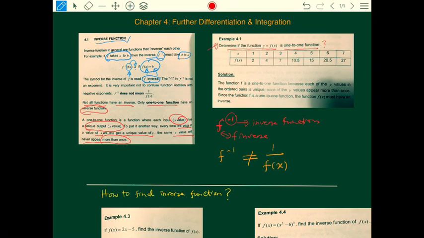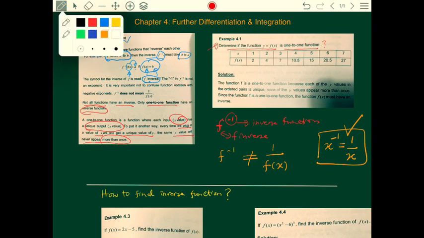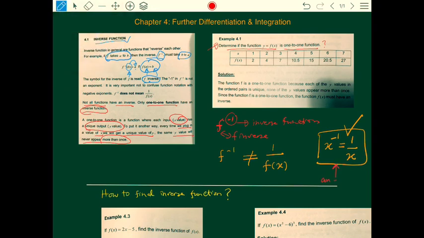Like you usually understand, for the exponent, x to the power of minus 1, we know that it is equal to 1 over x. This one is correct because this is an exponent.